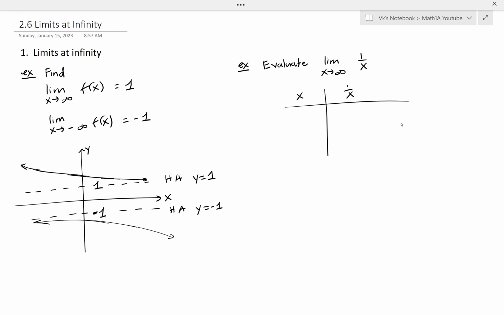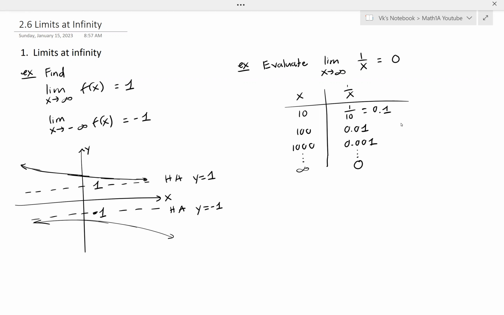Begin from 10: 1 over 10 is 0.1. 100, 0.01. 1,000, 0.001. It looks like as x gets bigger, approaching infinity, the limit is 0. And so from here, the limit is 0.